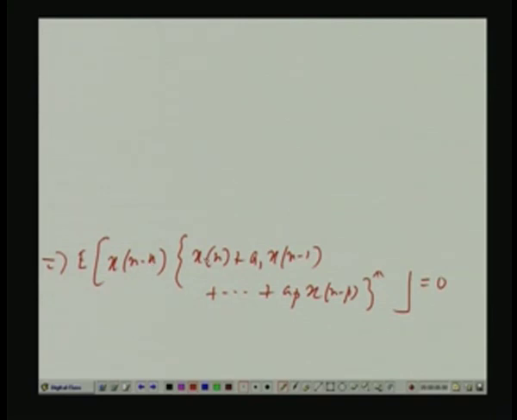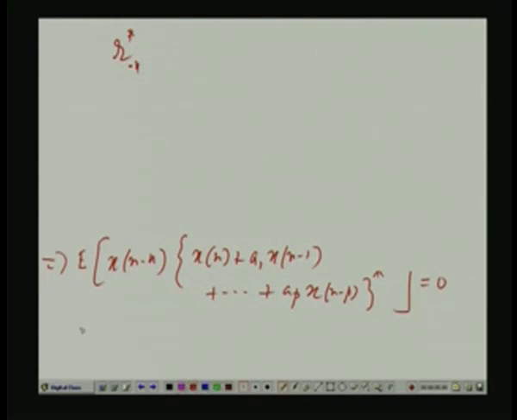x[n-1] into x[n] conjugate, expected value of that is equal to what? r star, I am putting the lag in the subscript, r star of minus 1. Why?